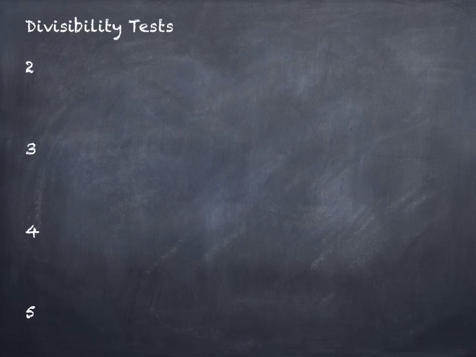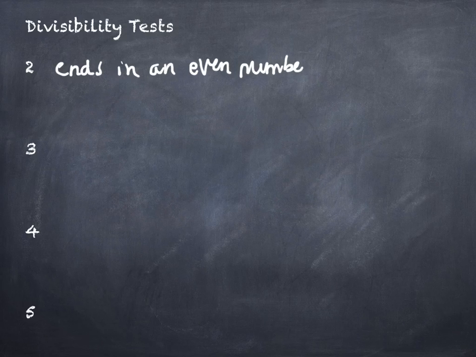Now we're going to think about whether or not certain values are in fact factors of others. The first one that we're looking at is 2. So divisibility test: a number is divisible by 2 if it ends in an even number, so if it ends in 0, 2, 4, 6, or 8.